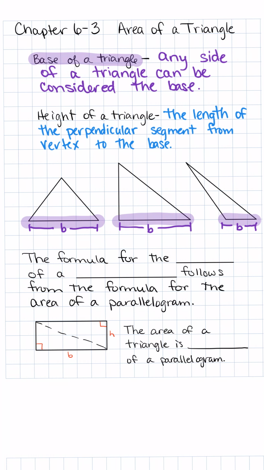So the height of the triangle, it said, is the length of the perpendicular. So perpendicular means that it makes a straight line. So perpendicular is usually a T or an L. Okay, perpendicular. So perpendicular segment from the vertex to the base.